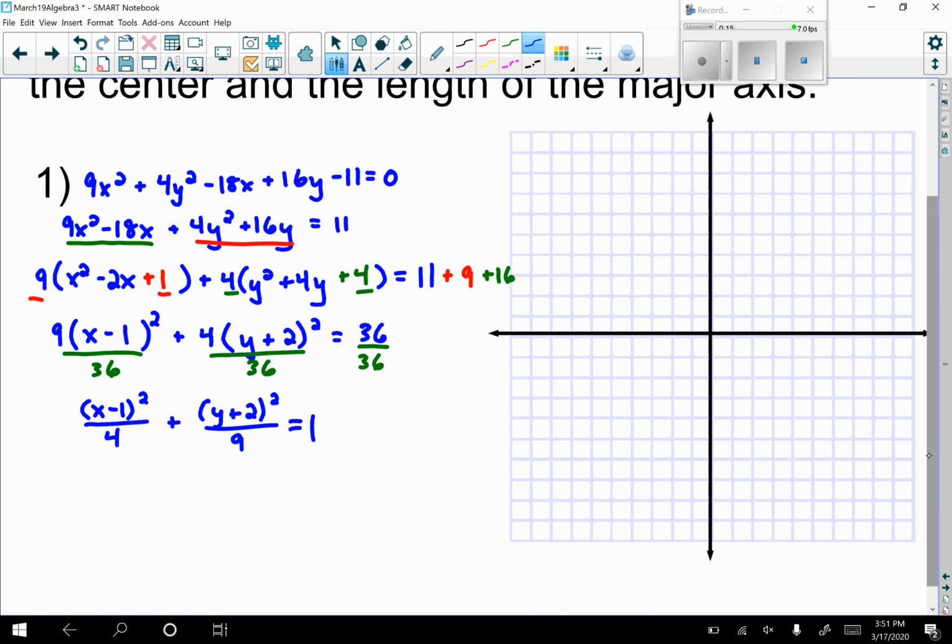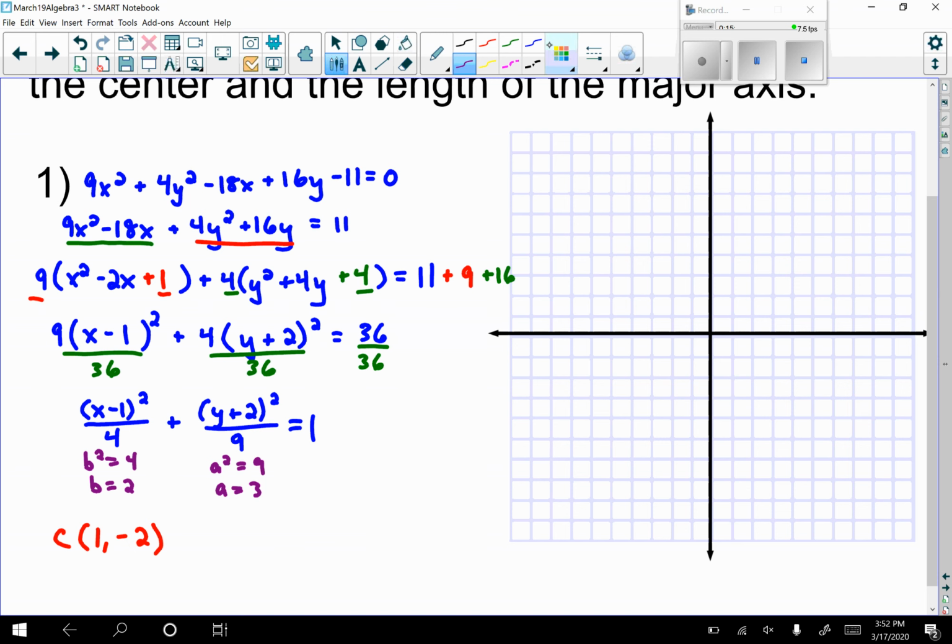So we're going to graph this too. Let's identify the center. So the center here is (1, -2). Just like what your homework was over, a squared is the larger number. So a squared is 9, making a 3. b squared is 4, so b is 2.